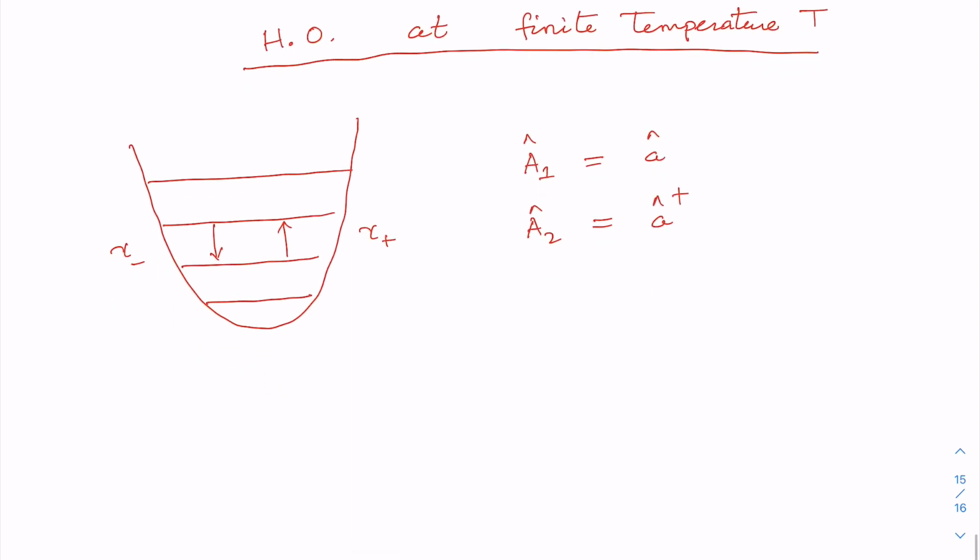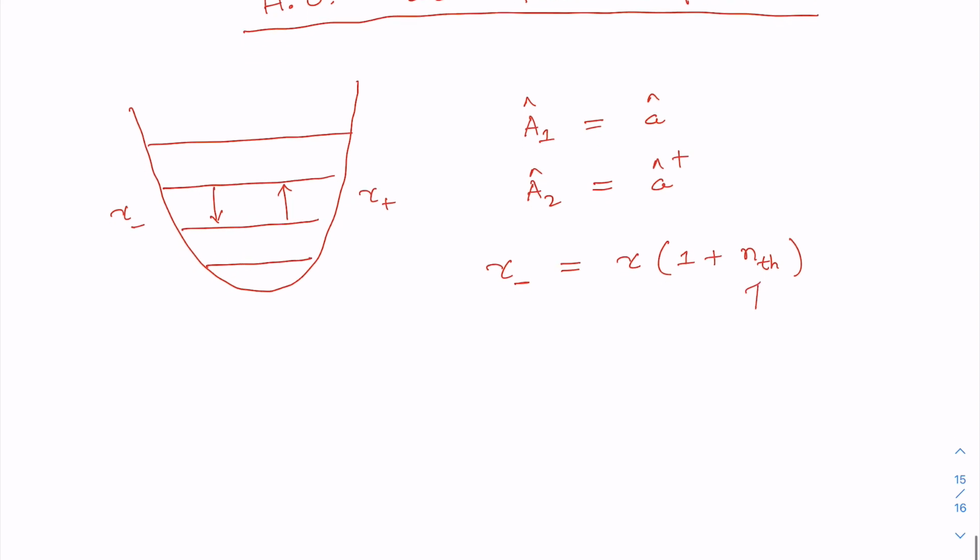As regards the decay rate, we have gamma minus, that is the downward decay rate, which we can write in terms of the old decay rate gamma, the decay rate at temperature T equal to 0, which gets enhanced by a factor of 1 plus n thermal. n thermal is the average number of thermal photons.